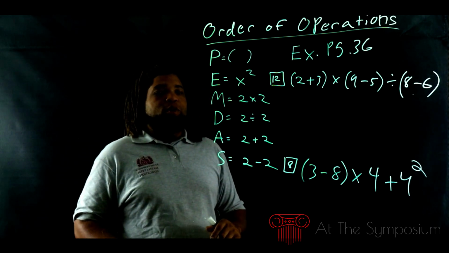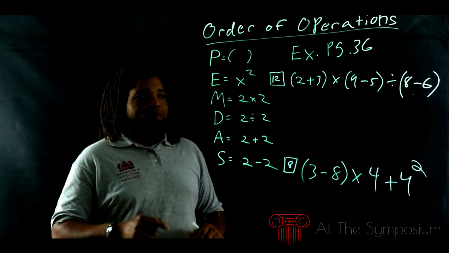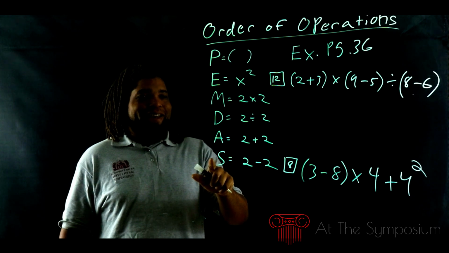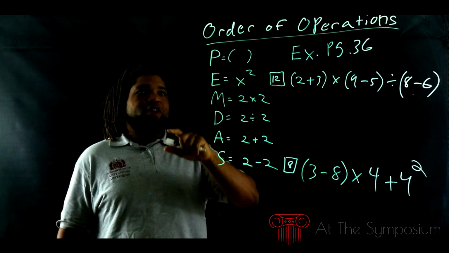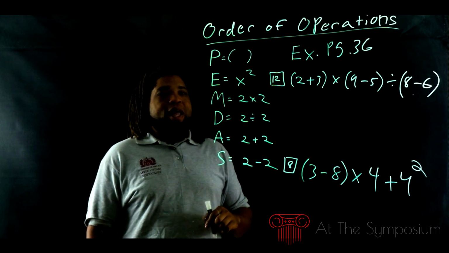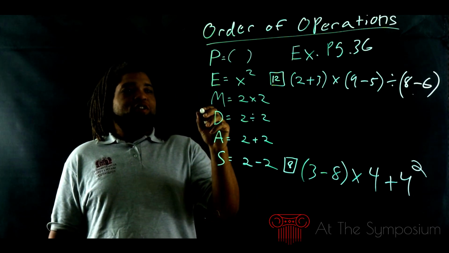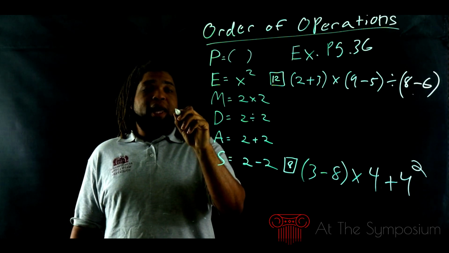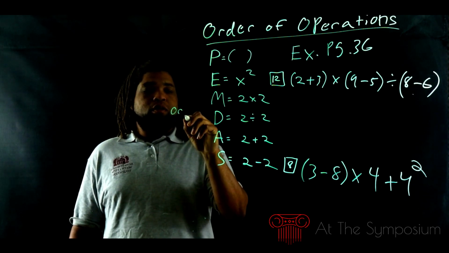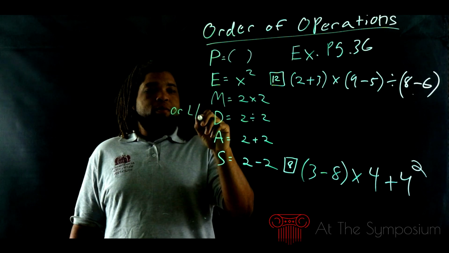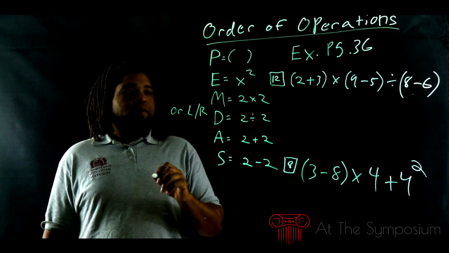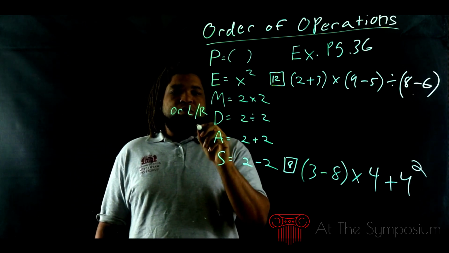But here's the deal with multiplication, division, and addition and subtraction. We don't just do it in sequence like we do with parentheses and exponents. Multiplication or division happens from left to right.